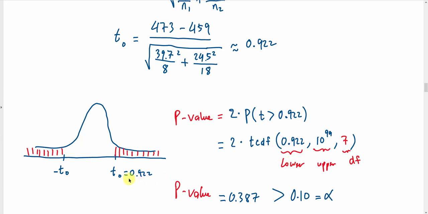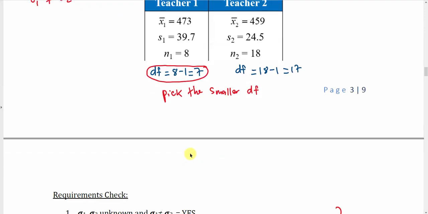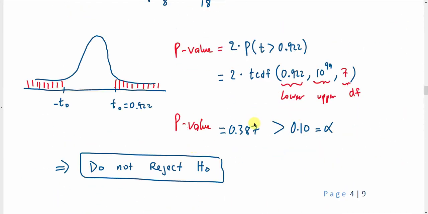The lower bound is 0.922. For the upper bound we go all the way to the right, so I use 10 to the 99 as a very large value. For the degrees of freedom, I pick the smaller one, which is 7. Then I multiply that by 2 to get 0.387. This is bigger than alpha. If the p-value is bigger than alpha, the level of significance, we do not reject the null hypothesis.